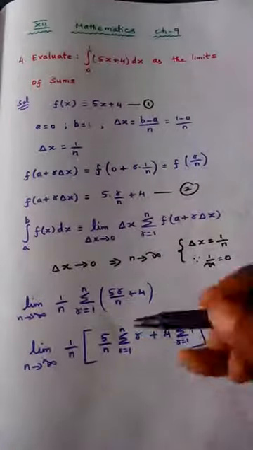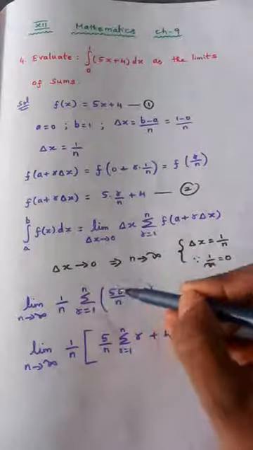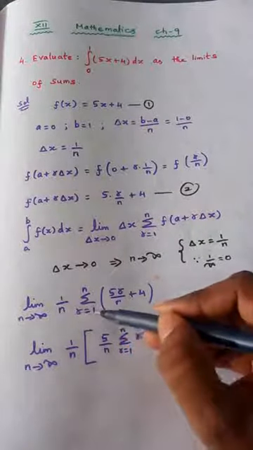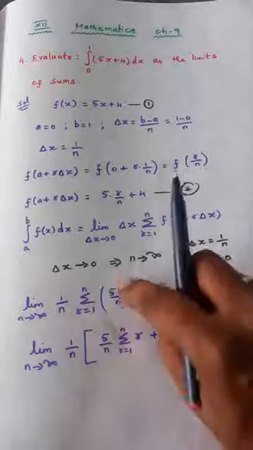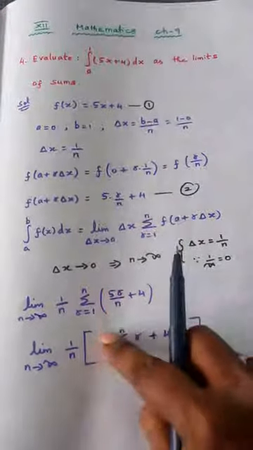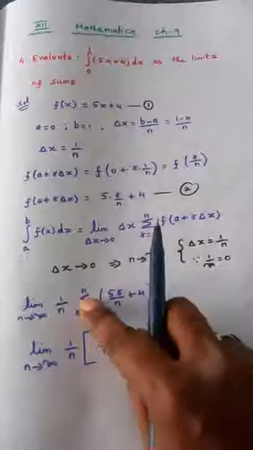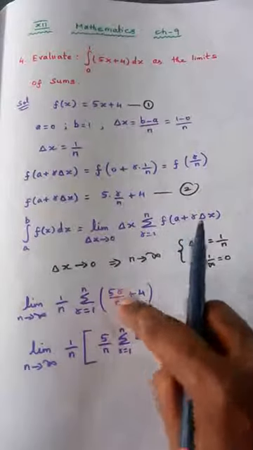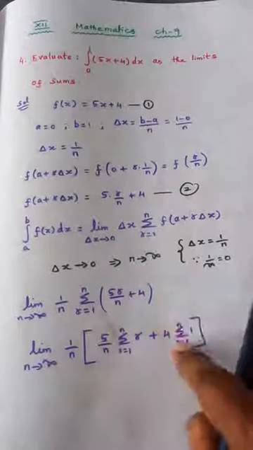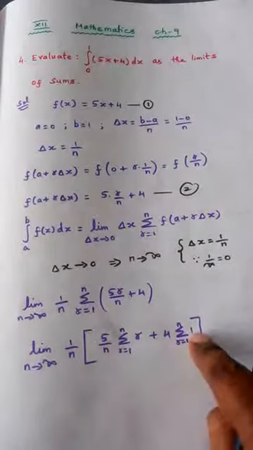Are you able to understand this? Bringing sigma inside, sigma means the variable is r. The r value only changes from 1 to n. So this only is the variable, and this is constant, so you can write it outside sigma. 5 by n is taken outside sigma, and sigma will join only with r. Plus 4 outside, with sigma 1.